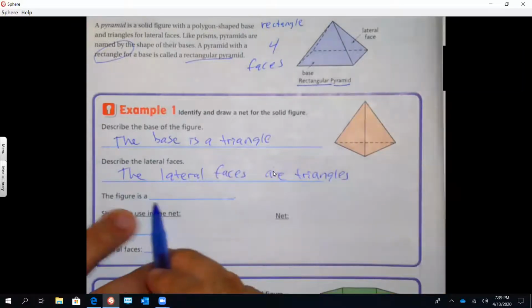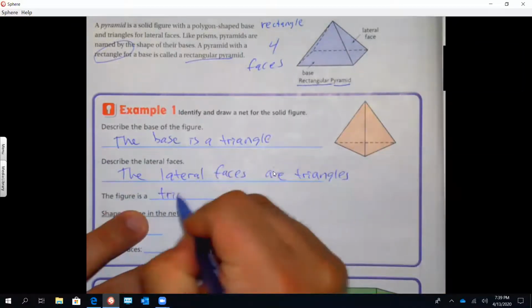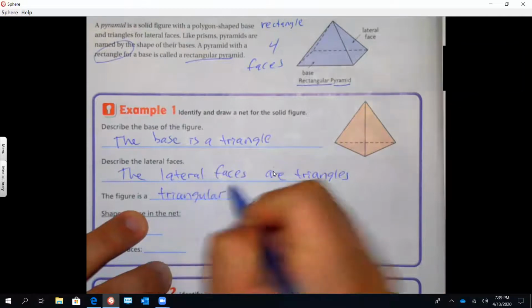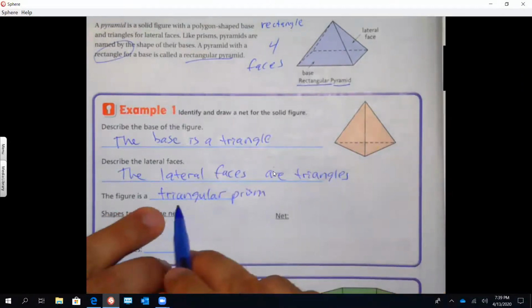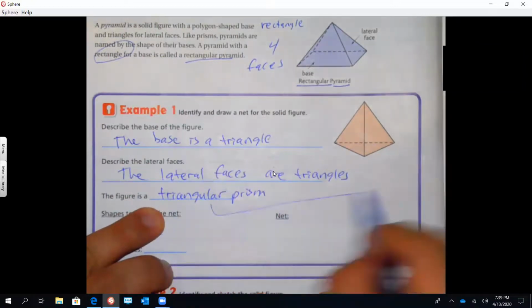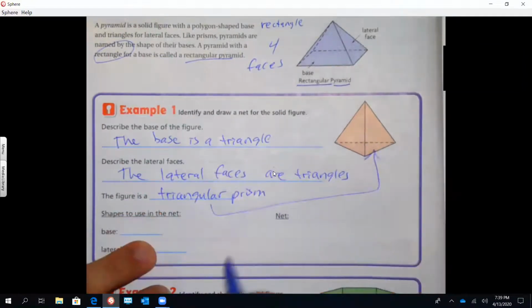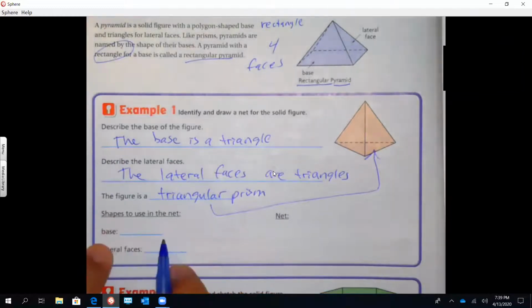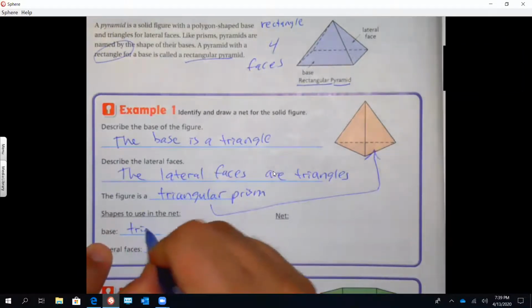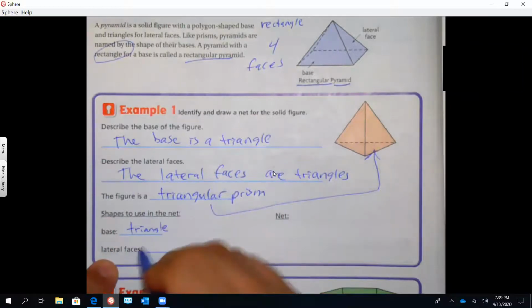The figure then is a triangular prism. Remember, it makes a solid shape. And what's the base? Well, the base is a triangle, and the lateral faces are triangles.